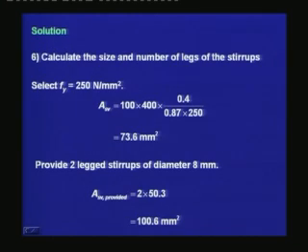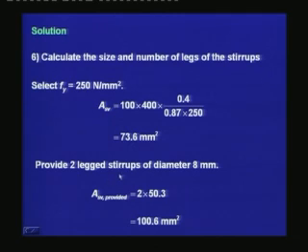The sixth step is to calculate the size and number of legs of the stirrups. Select fy is equal to 250 Newton per millimeter square. Asv is equal to 100, which is bw, times Sv, which is 400, times 0.4 divided by 0.87 times fy, which is 250, gives me a value of Asv is equal to 73.6 millimeter square.